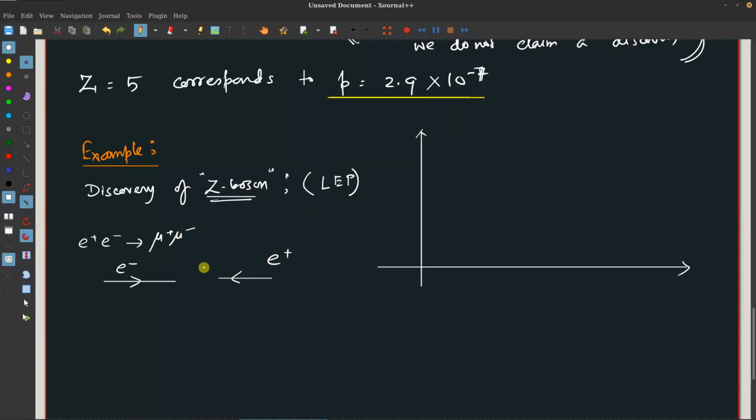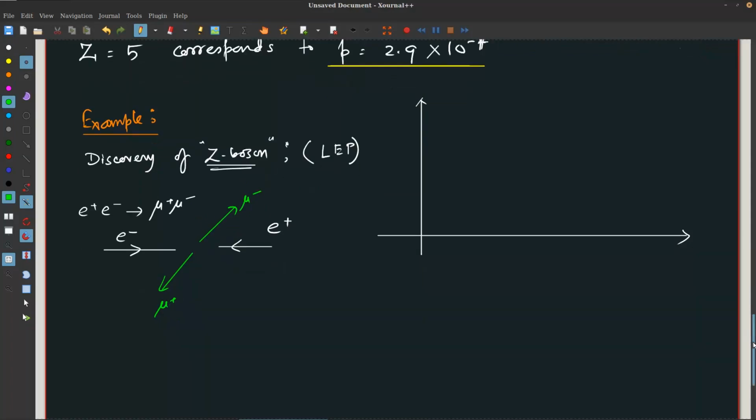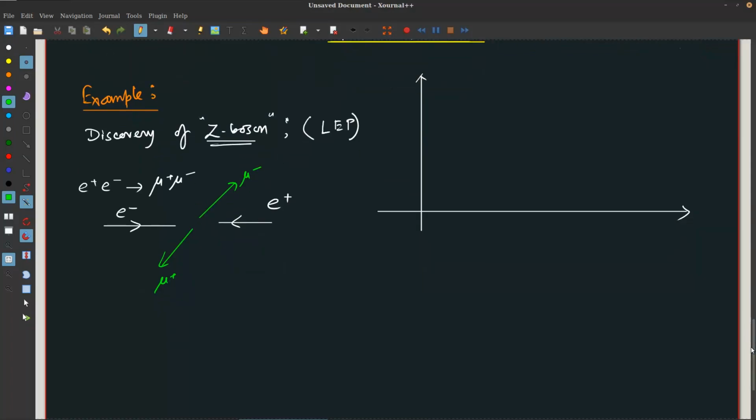Again, people who are not from a particle physics background, I apologize, but hopefully you will get the gist of it. As far as LEP is concerned, this process can proceed in two ways. In particle physics we talk about mediator particles.